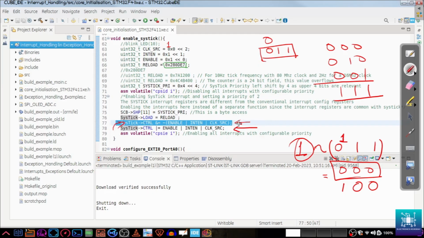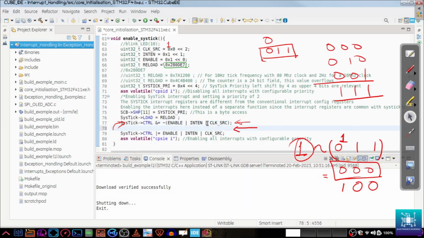So ideally, whenever you are clearing the bit field, don't do what I did here. What you need to do is use a specific bit pattern. You may declare a variable and assign a bit pattern to the variable and put the variable here.